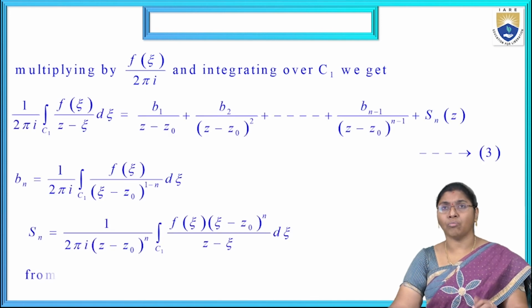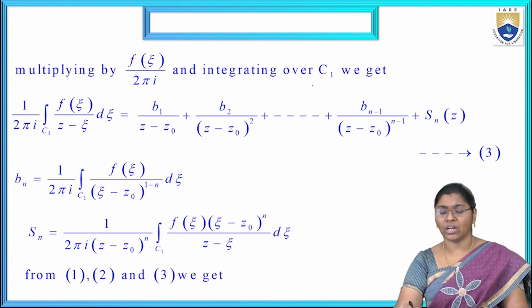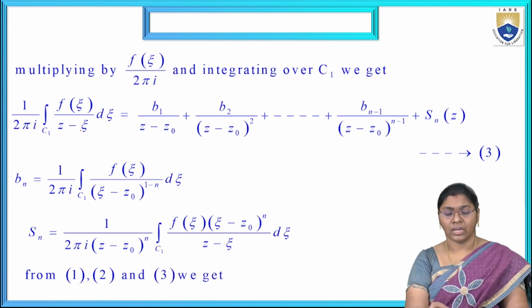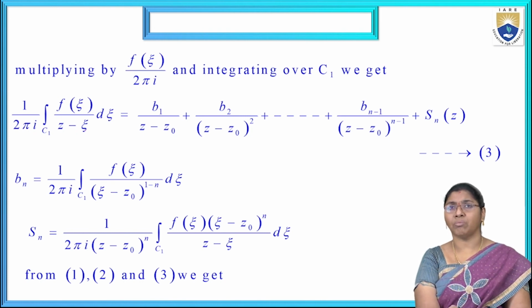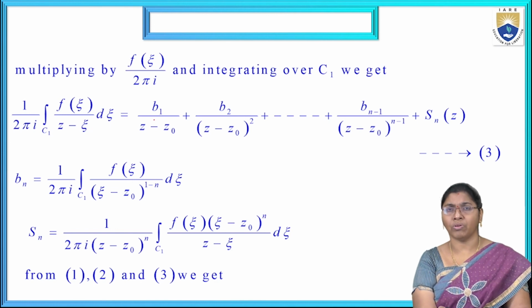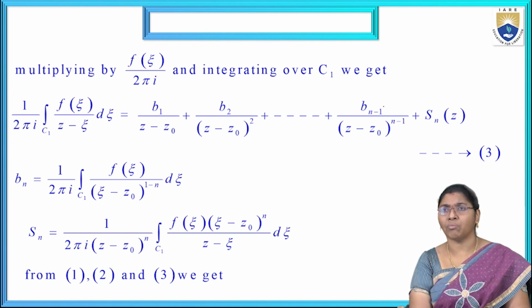in the above condition, multiplying by f(z) by 2 pi i and integrating over C1, we get 1 by 2 pi i integral over C1 of f(xi) by (z minus xi) dxi equal to b1 by (z minus z naught) plus b2 by (z minus z naught) whole square plus so on, b n minus 1 by (z minus z naught) whole to the power of n minus 1.